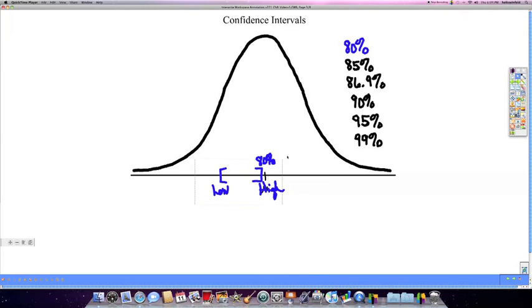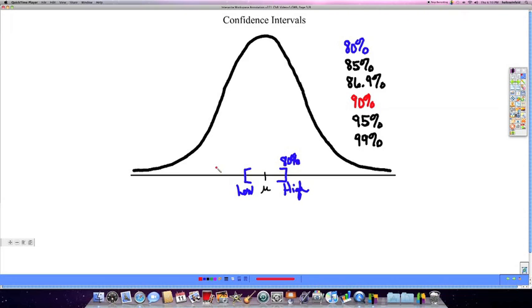And so we hope we can be reasonably sure, that is 80% sure, that the interval is centered on the population mean, but it may not be. Now, the more assuredness that we desire in whether or not our population mean lies in the interval, then the wider the interval will become.